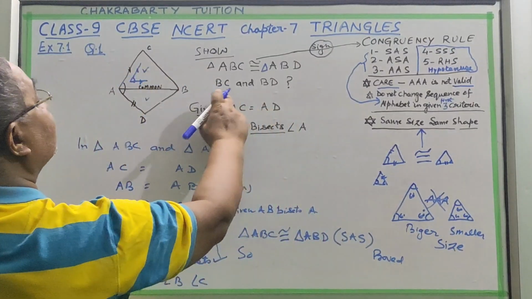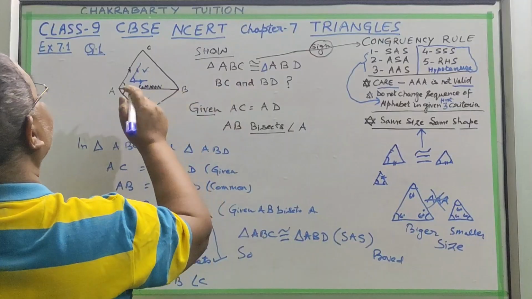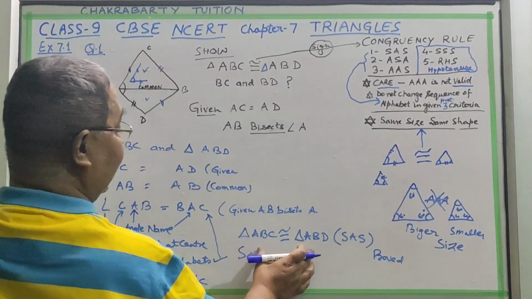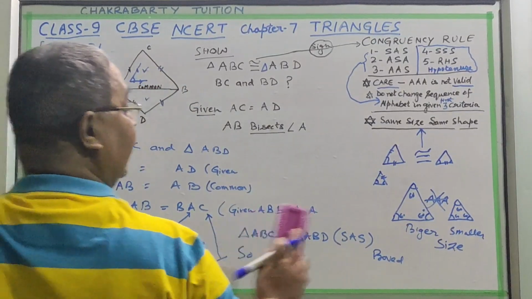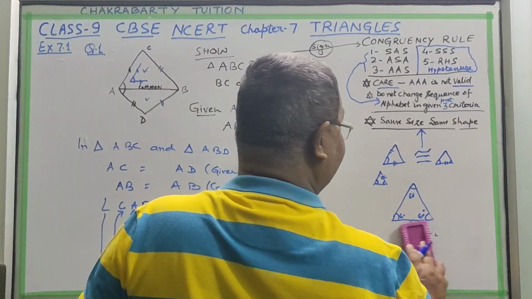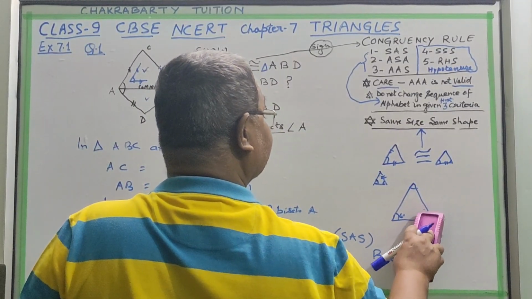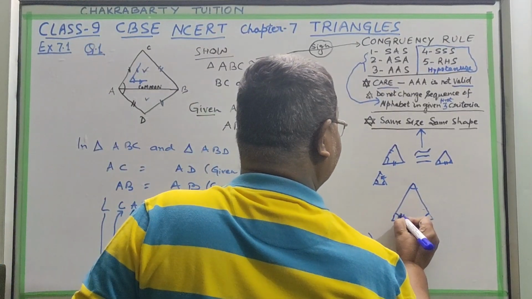Then they are asking what you will say about BC and BD. When the triangles are congruent, it means everything is the same, its size, angle, and all that. Suppose it is 40, it is 60, suppose it is 80.